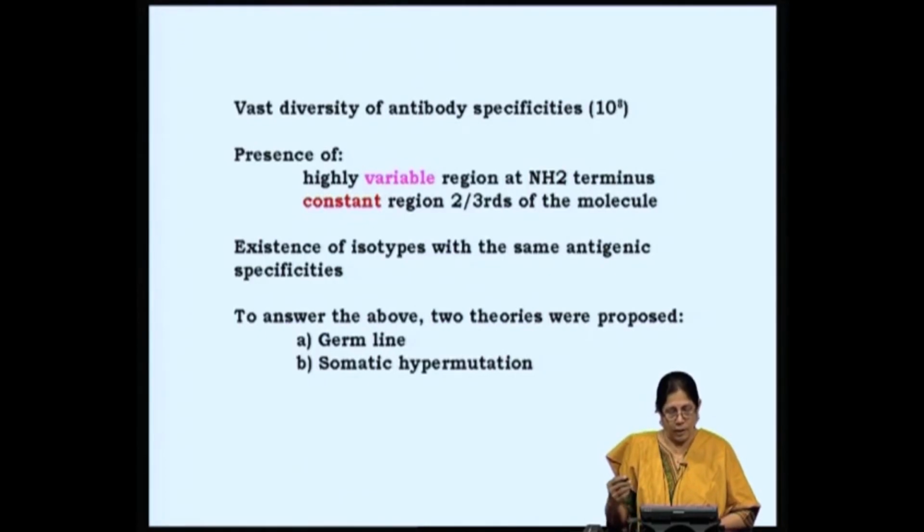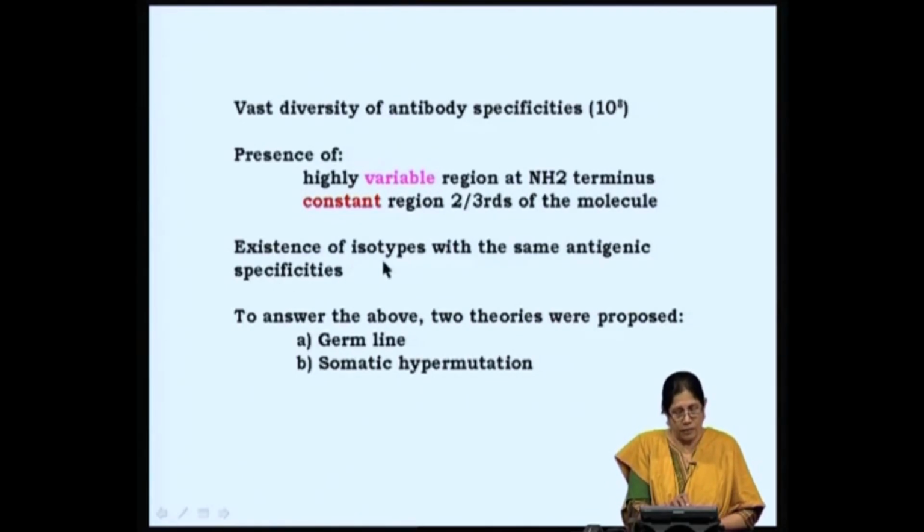Now, ideally one would have only IgM production in the primary phase of the immune response. Now, the same IgM starts to get switched to another isotype, but the specificity of binding to the antigen remains the same. So, how is it that there are different isotypes, but with the same antigenic specificity?